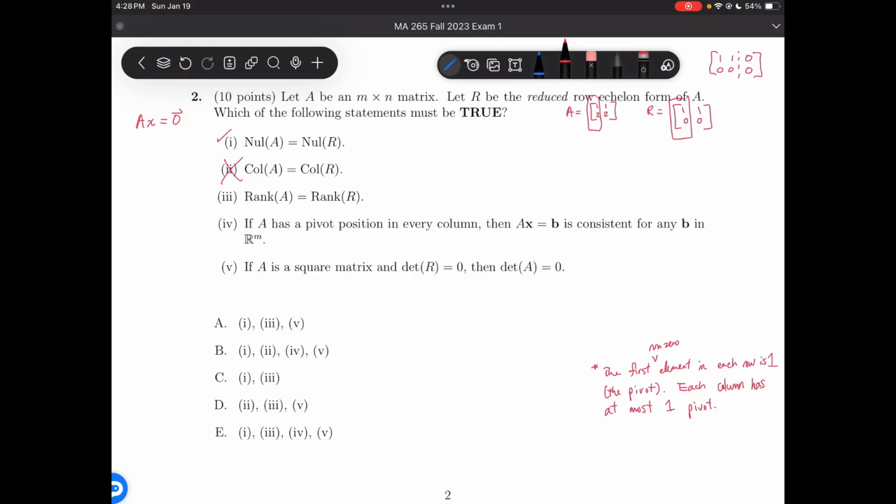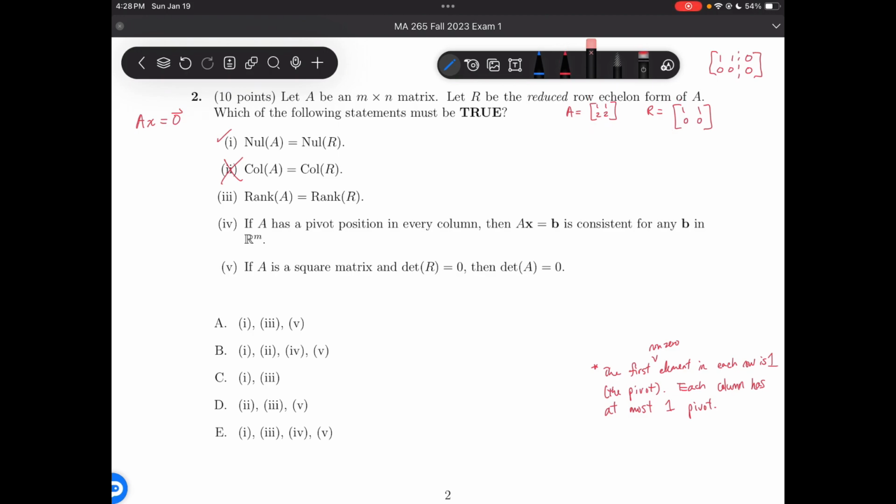And in general, this is an important concept to understand: when you are finding the column space of a matrix, make sure that you're picking the columns from the original matrix and not from the reduced row echelon matrix.